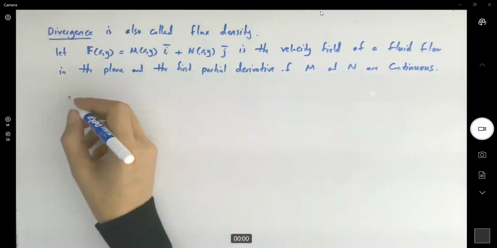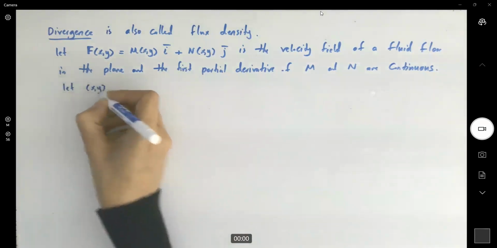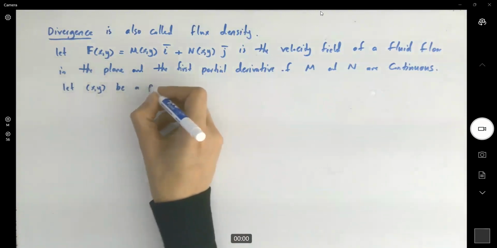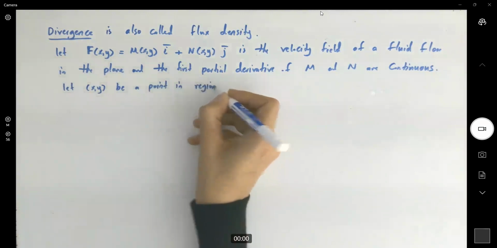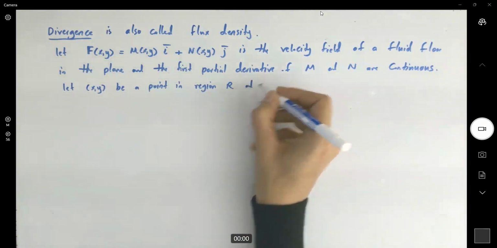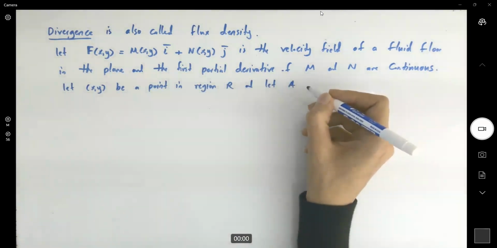Suppose you take a point in the region R and let A be a small rectangle with one corner at x and y.